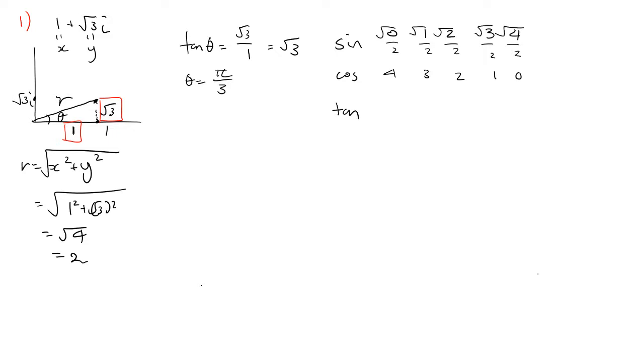Do the exact same thing for cos. That simplifies to 1, that's 0, that's 0, that's 1, and that is half, and that is half. That's an easy way of memorizing the exact values.